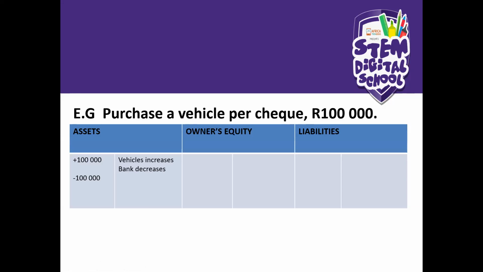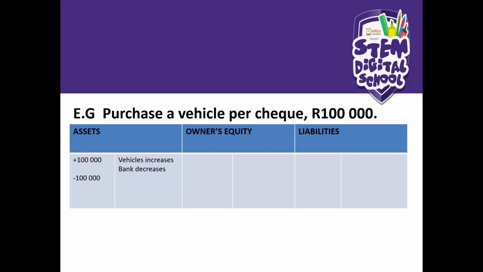Now, remember, there's always the double entry principle. So what is going to be the other account that is going to be involved? And that is going to be bank. Why? Because you need to pay for that vehicle. Okay? So if you pay something out of the business bank account, then bank is decreasing, a minus. And now you need to understand what is bank.